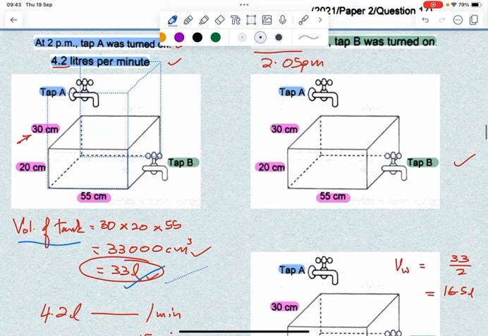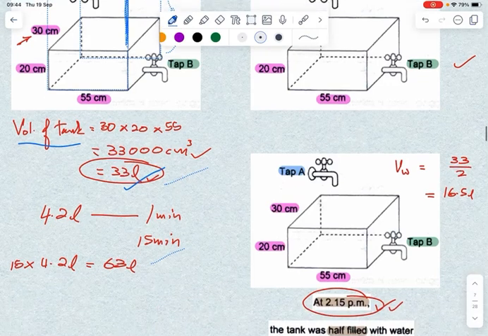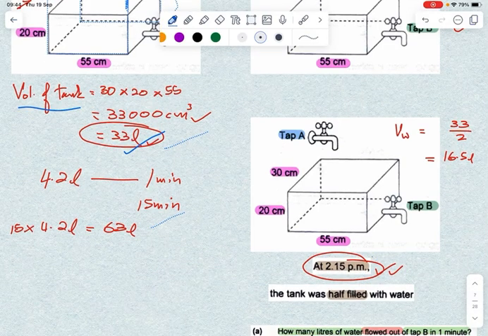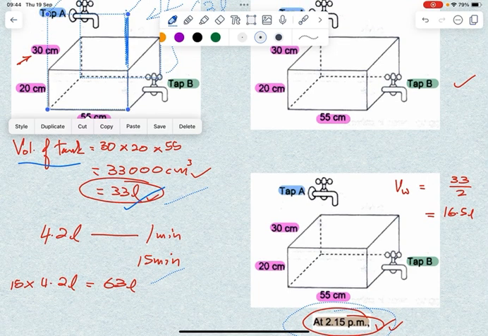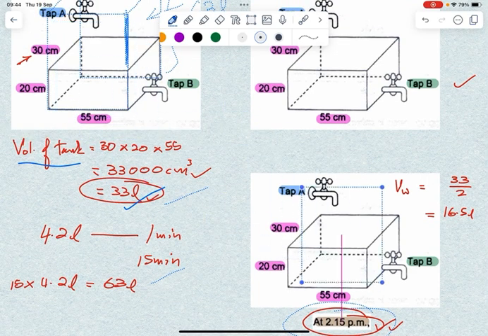It will be something like this. That will be the extra water that you have. Total 63 liters. Obviously the balance will be overflowed. Overflowed to what? Well, we know that at 2:15 it is only half filled. Let me just show you. That means it's half filled.